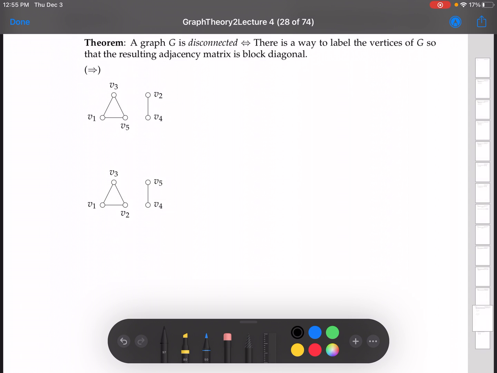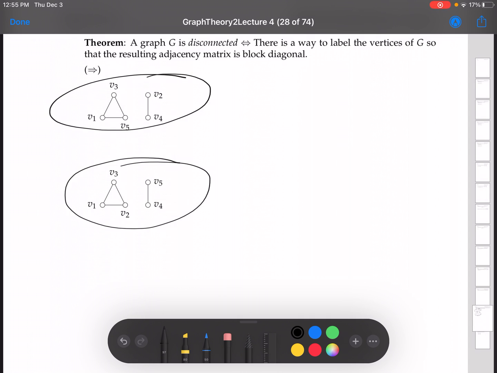Right, so our assumption in this direction is that the graph is disconnected. And here we have two versions of the same disconnected graph. We have this version here and this version here. And notice that these two graphs are the same graph.